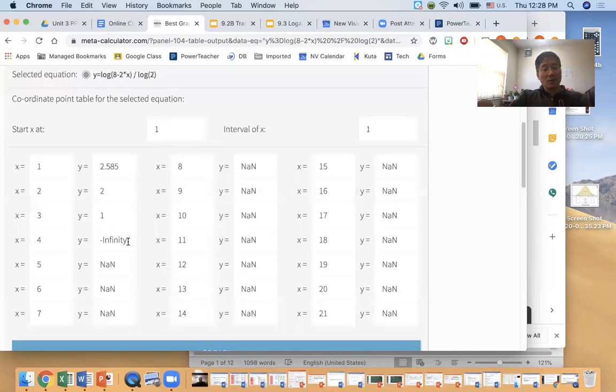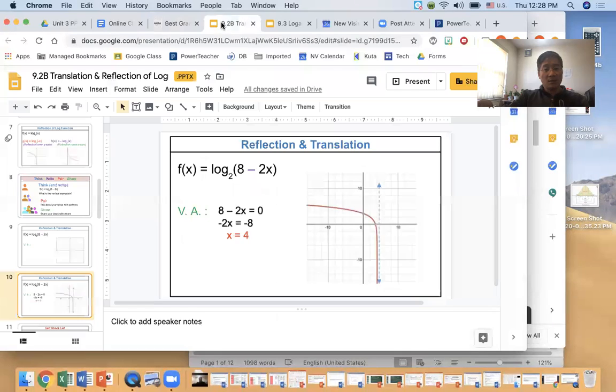So you plot all these integer values on the plane, then make sure when you draw the graph, as we did here, like this, it never touches this vertical asymptote. So this way we can draw the graph. Make sure you put arrows on both ends of this graph. It means it keeps going, continuing to infinity.